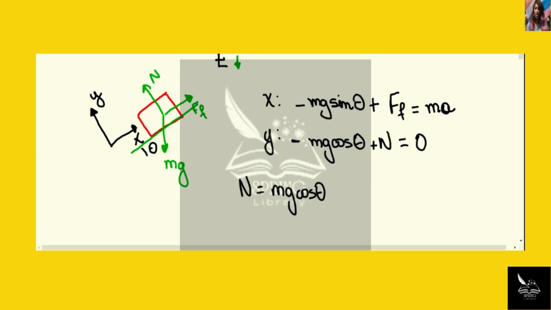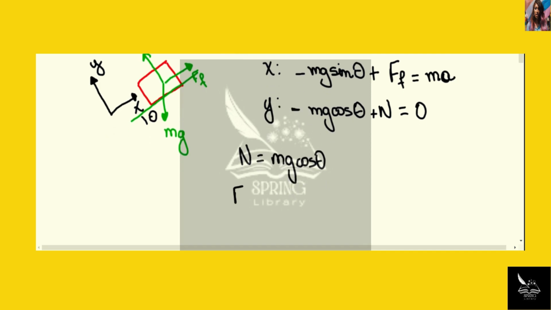And we have that the maximum frictional force that can act on the block so that the block does not slide is equal to the coefficient of static friction times the normal force. So it's mu s times mg cosine theta.